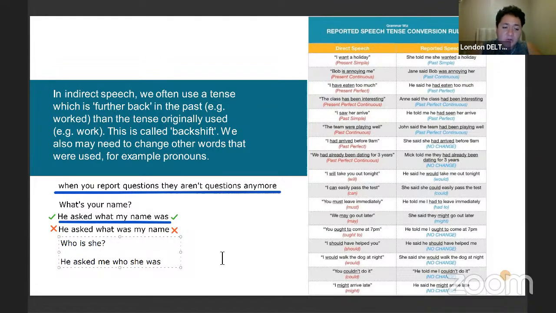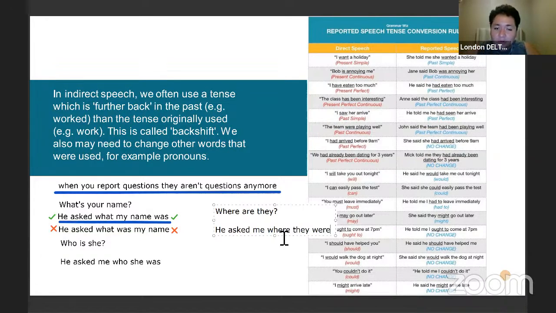He asked me who she was. Where are they? So he asked me where they were. No where were they, sino where they were. Como afirmación. Okay. Any questions about this?